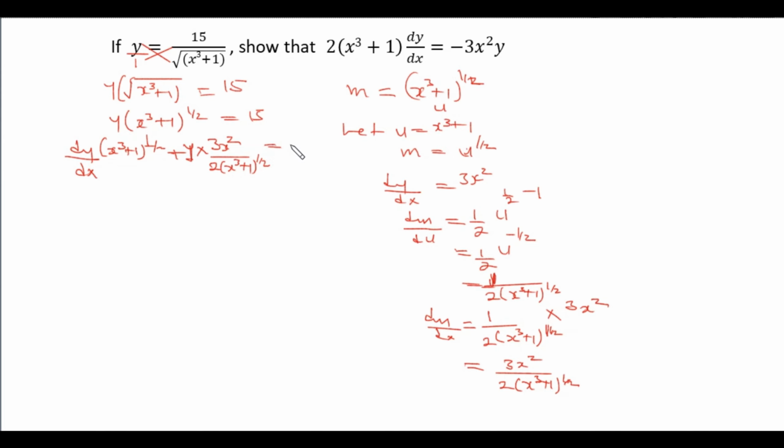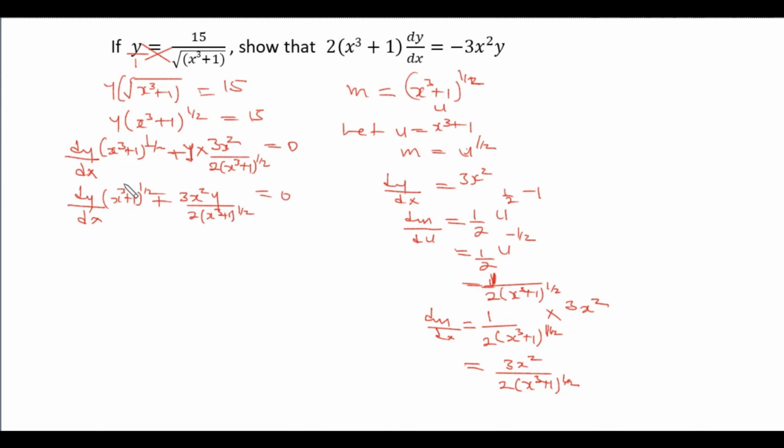Differentiating 15 becomes 0. So we have dy dx times (x cubed plus 1) raised to the power half, plus 3x squared y all upon 2 times (x cubed plus 1) raised to the power half, equals 0.